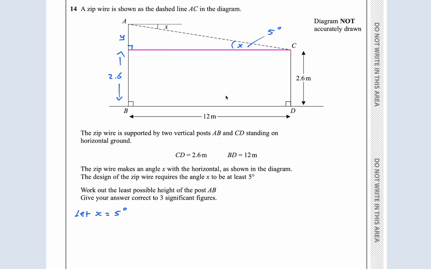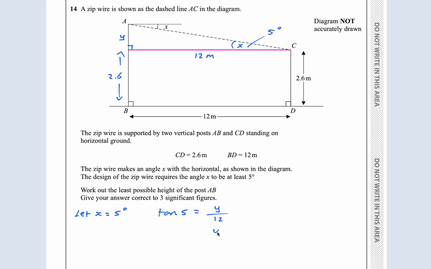So I can use SOHCAHTOA, because this, by the way, guys, is 12 meters, because it's the same length as this. So I can say I want my opposite, I have my adjacent. TOA, let's use tan. Tan of 5 degrees is equal to y over 12, opposite over adjacent.